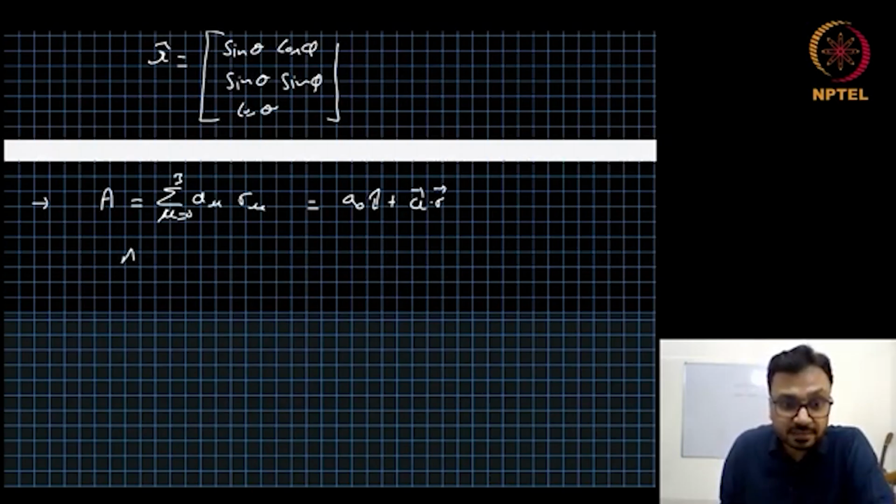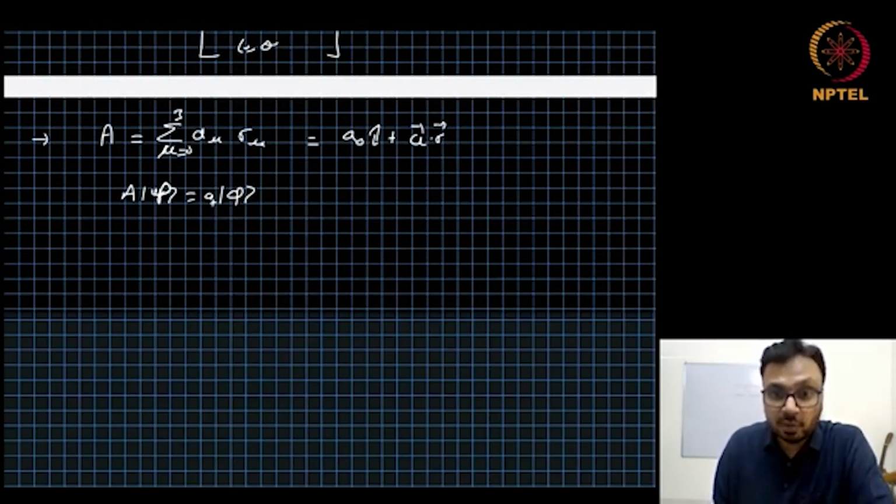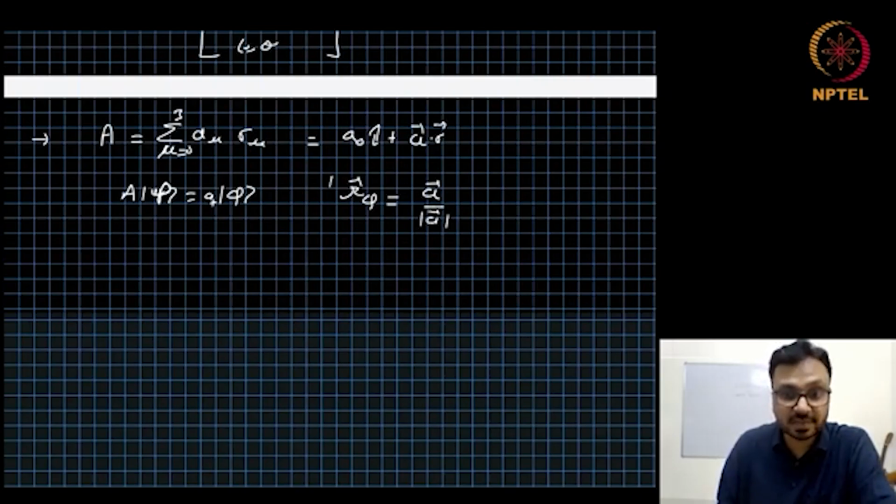Then let us call the eigenvector of A phi, such that it is with plus eigenvalue, plus A. The Bloch vector corresponding to phi is nothing but A vector divided by its magnitude, so the normalized vector.